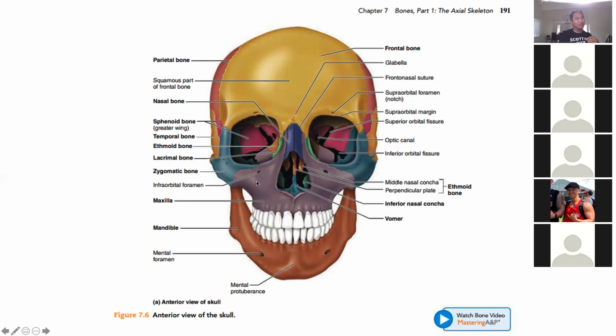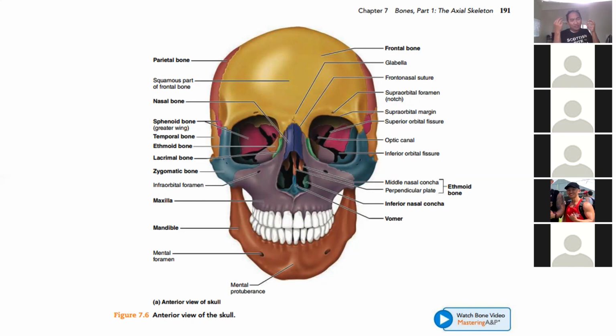So that's why I will give a name, infraorbital foramen. Foramen means opening. Infraorbital: infra means below, orbital means orbit. Below the orbit opening, infraorbital foramen.